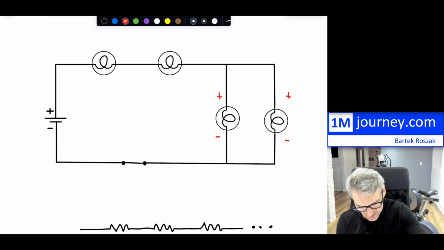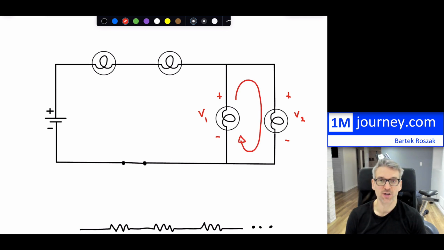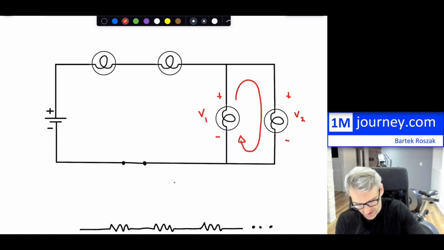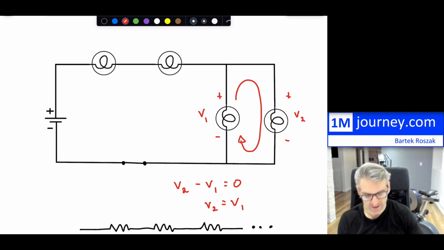So if I would call this, let's say V1, and then call this V2, and I would create a loop in here all the way around and apply Kirchhoff's voltage law, then what you notice is you have that V2 minus V1 is equal to 0, which implies that V2 is equal to V1.